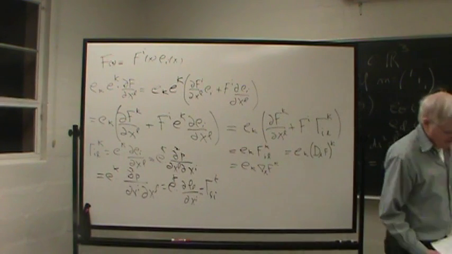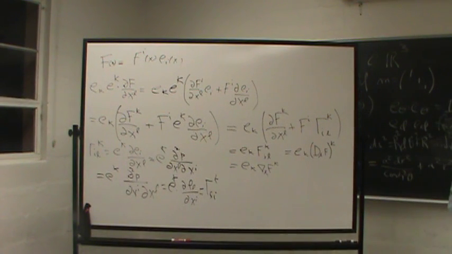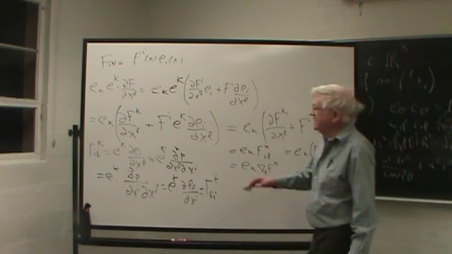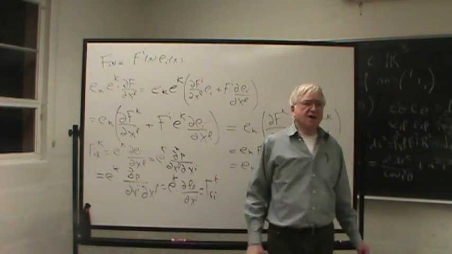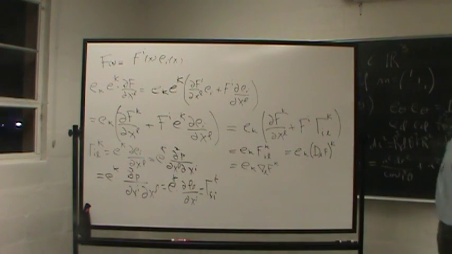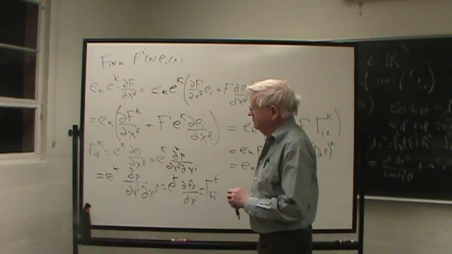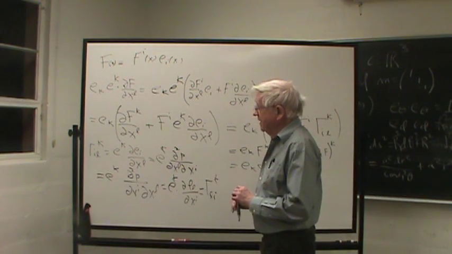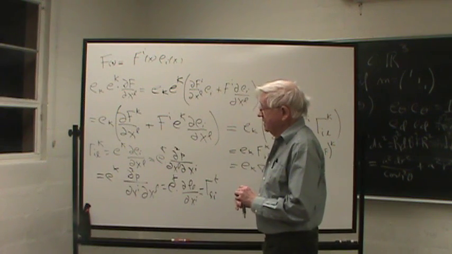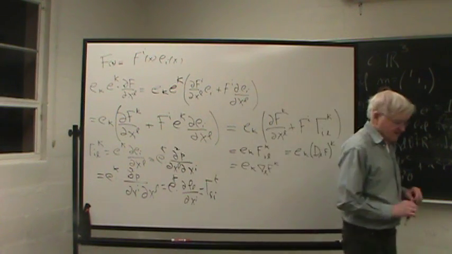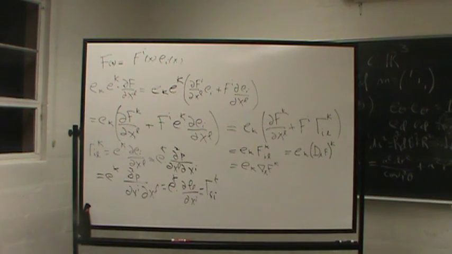There's a more general formulation due to Cartan in which instead of having the e's as the basis vectors, there are other vectors that aren't basis vectors, but are simply vectors that allow you to write the space-time metric in terms of them and in terms of the eta.